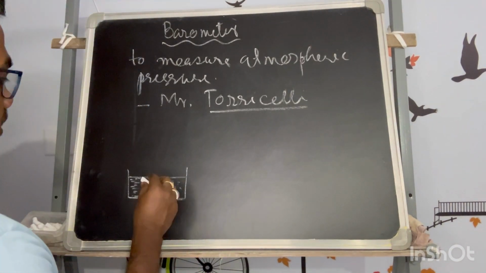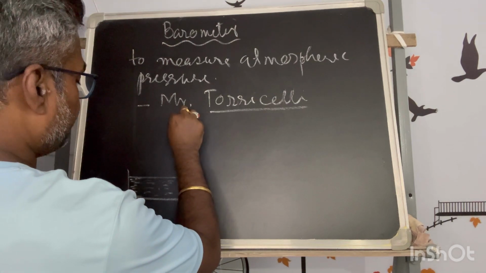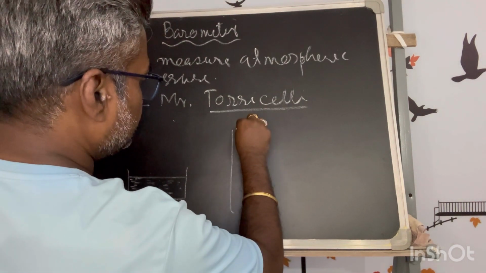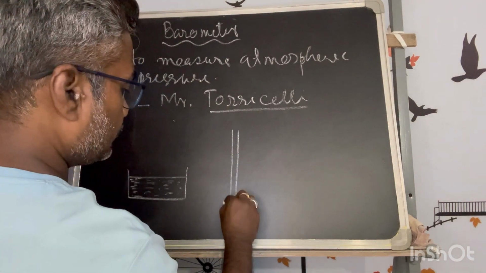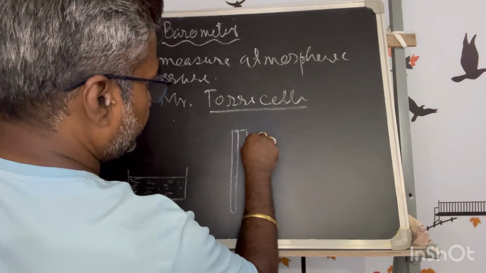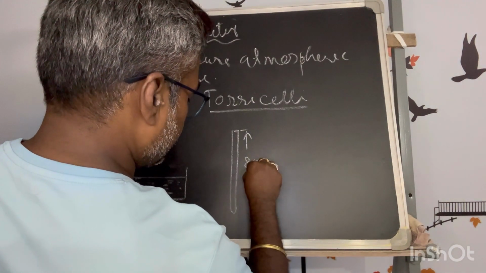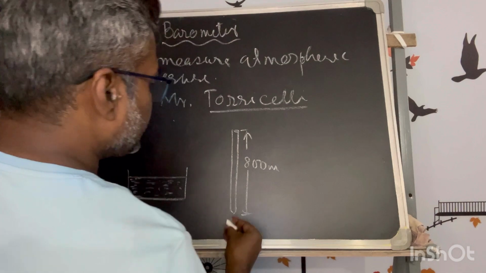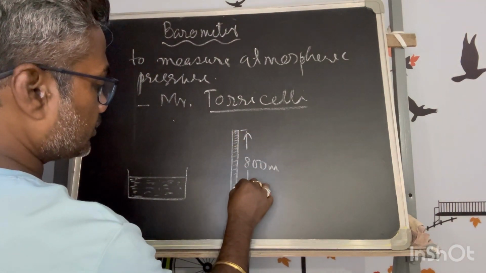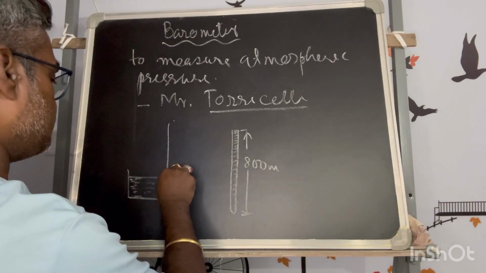That's why it is taken as a liquid, and he filled a glass tube with it, around 800 mm in height. He filled this with the same mercury and inverted it inside the mercury column.